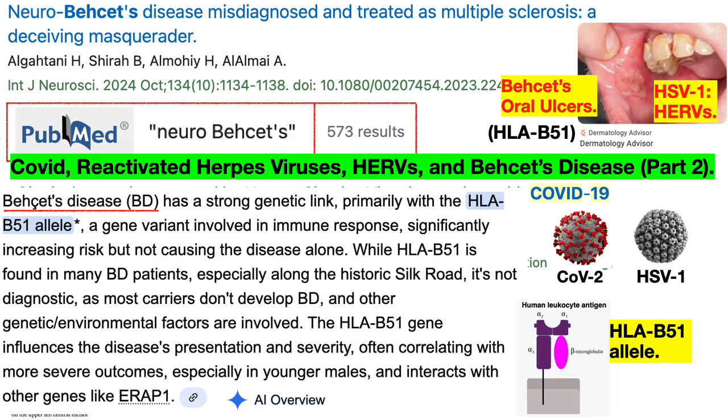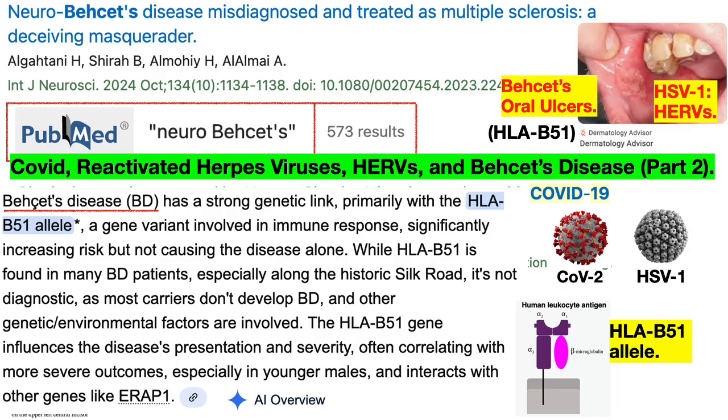To better understand how CoV-2 reactivates herpes viruses, particularly HSV1, Behçet's patients may serve as a very important human cohort to understand these reactions. As we mentioned in the first part of this talk, the reactivation of HSV1 in the central nervous system has now been linked as one potential driver of Alzheimer's disease. So the downstream events of HSV1 reactivation involve the reactivation of certain HERVs.